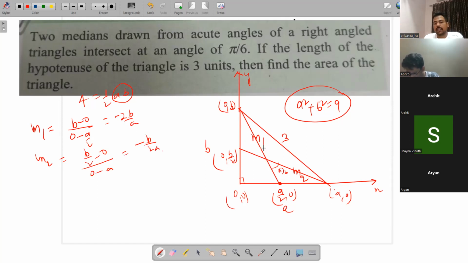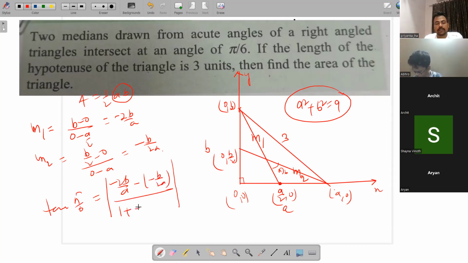Now you have these two lines and you found the slopes. Now, the angle is given. So tan of theta, that is 5/6, this is an acute angle, so we have to apply mod. So M1 minus M2 upon 1 plus M1 into M2.